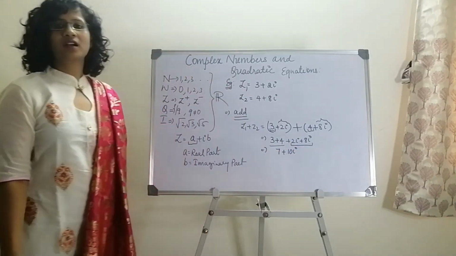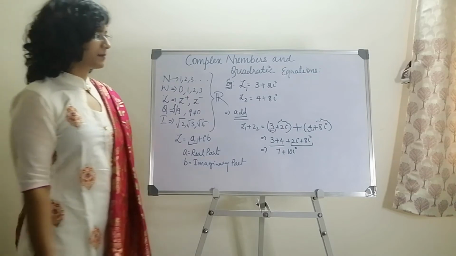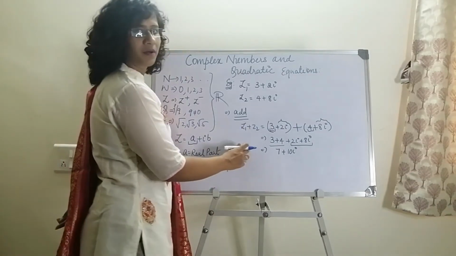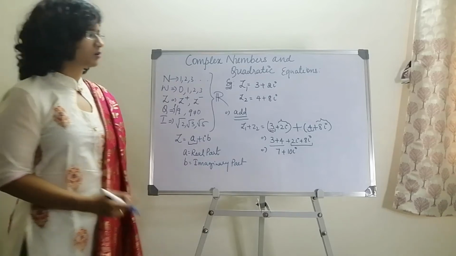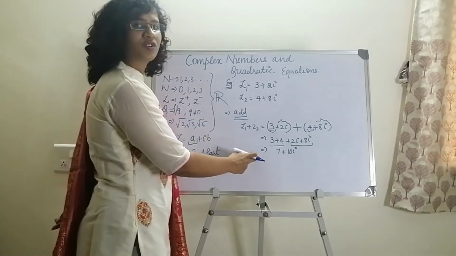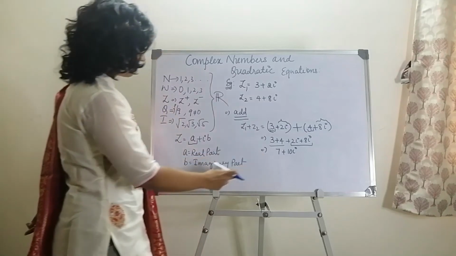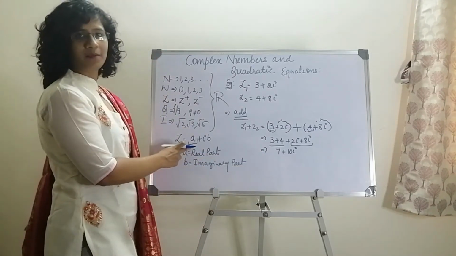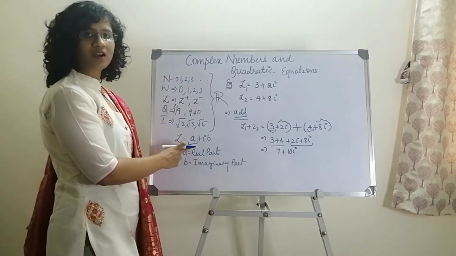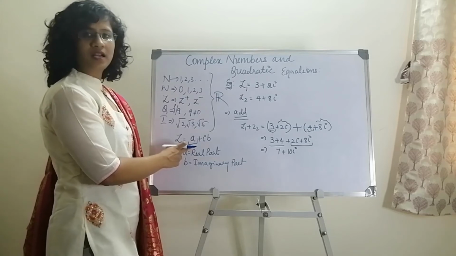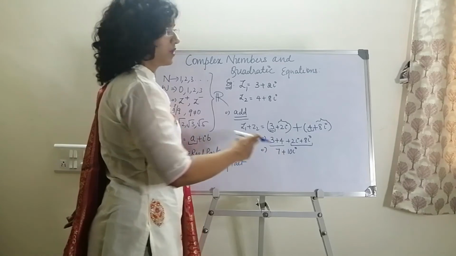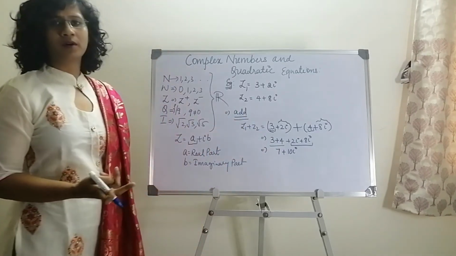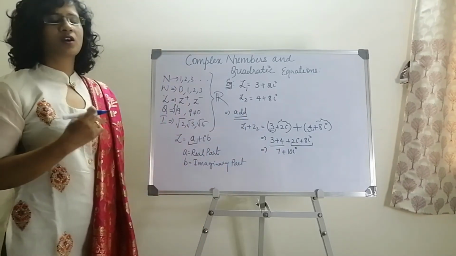And one more thing all my learners have to remember: any operation you do on complex numbers, you add, you subtract, you divide, your final answer should again resemble the form a plus ib. Because when you are adding complex numbers, the result will also be a complex number. When you're subtracting complex numbers, the result will be a complex number.